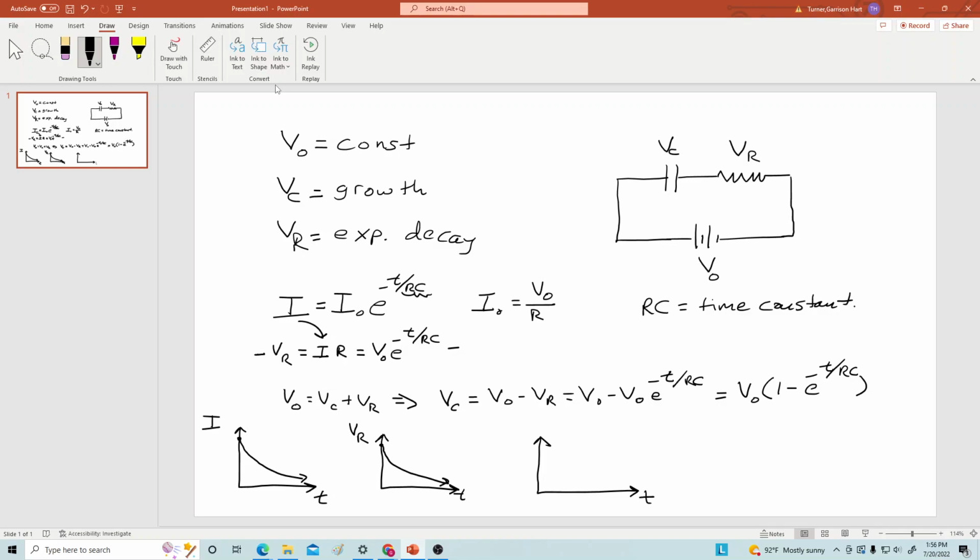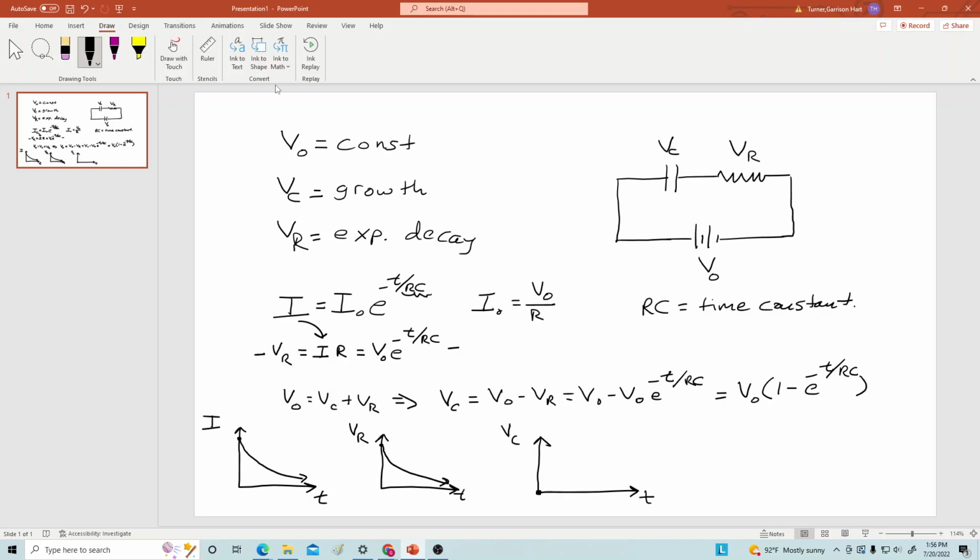Whereas the potential across the capacitor starts at zero. If I plug in 0 for t up here, then e to the negative 0 is 1. Any number to the 0th power is 1. 1 minus 1 is 0. V naught minus 0 is 0.